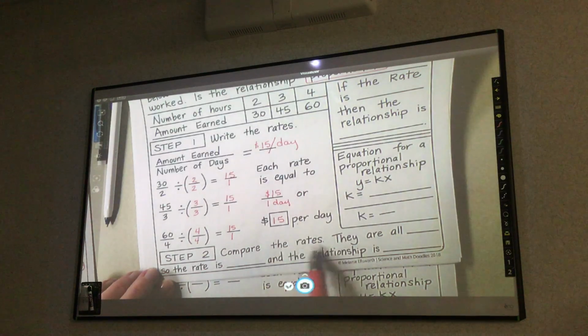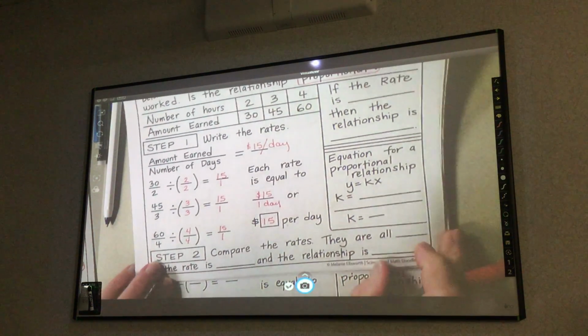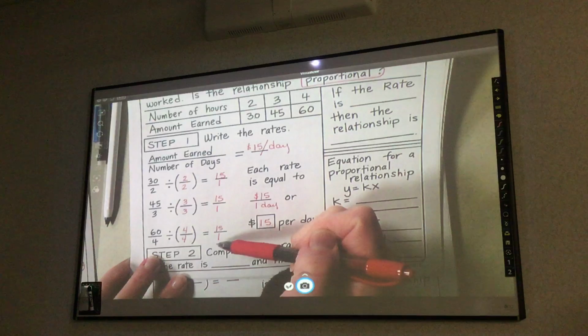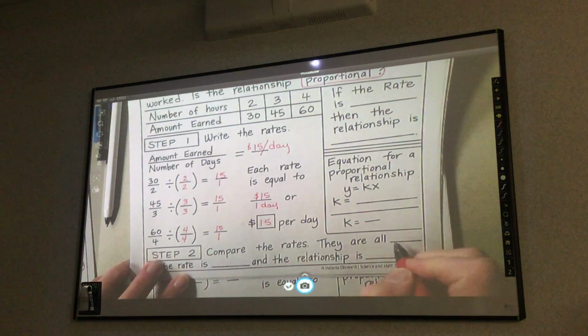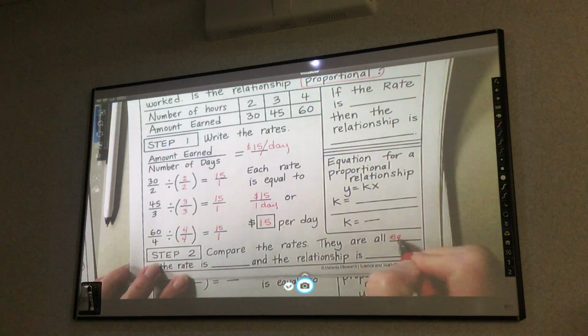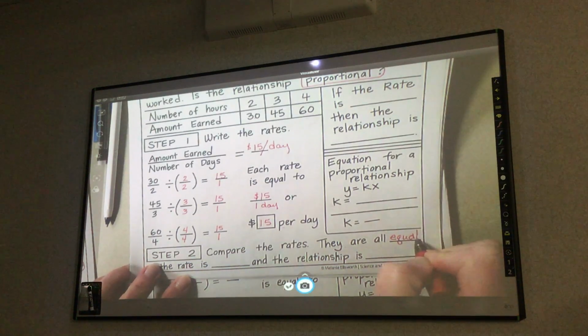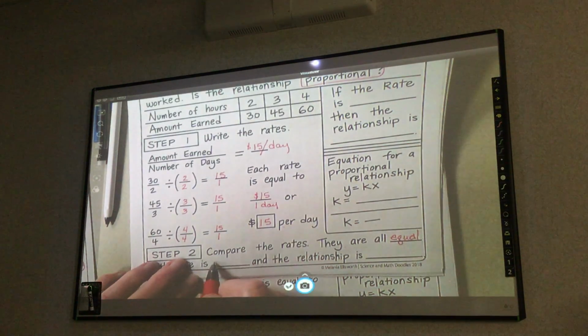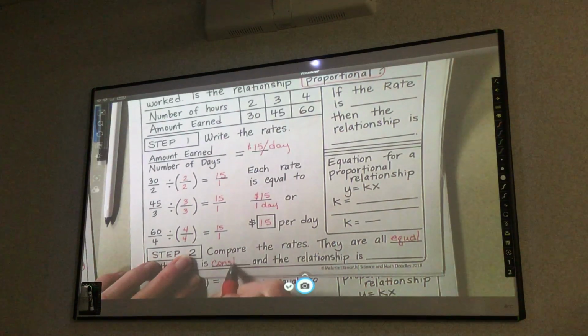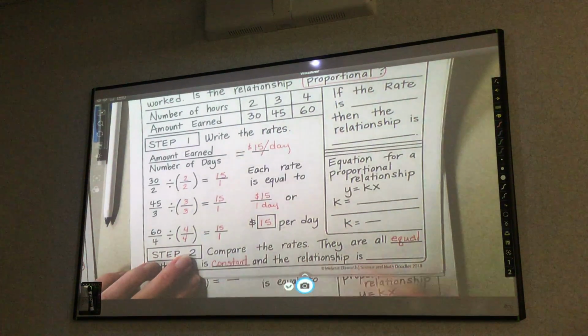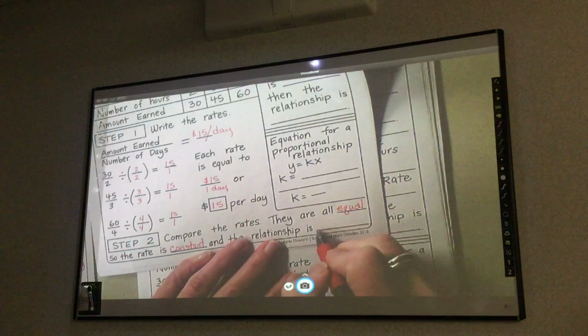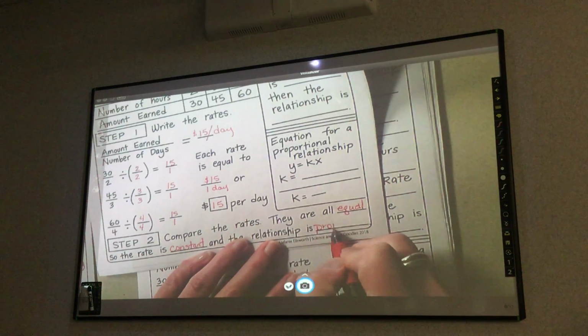Step 2 is to compare the rates. Are these all equal? Yeah? So they are all equal. So the rate is constant. And then the relationship is then proportional.